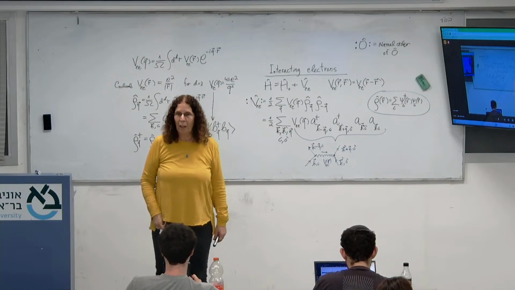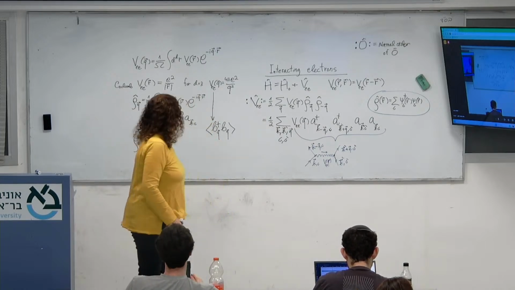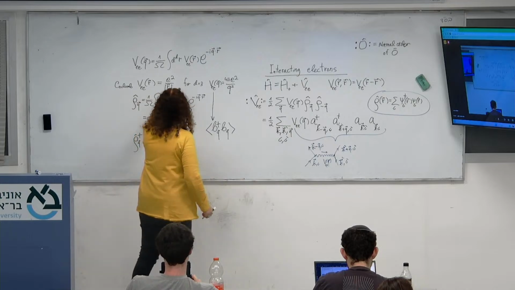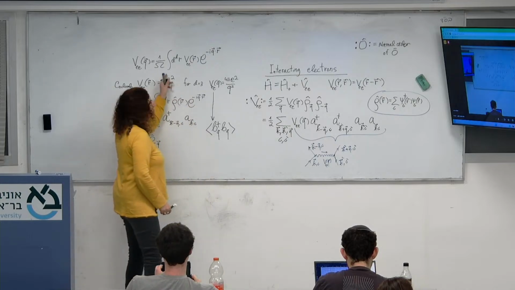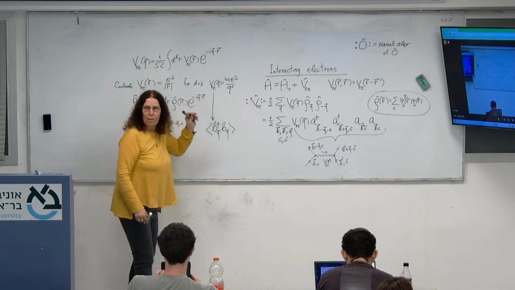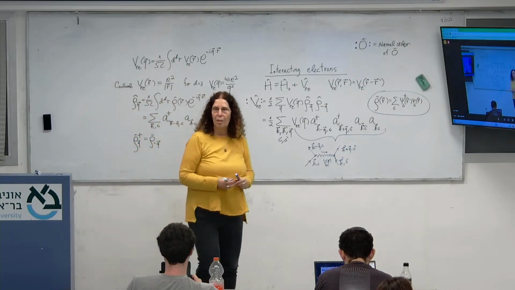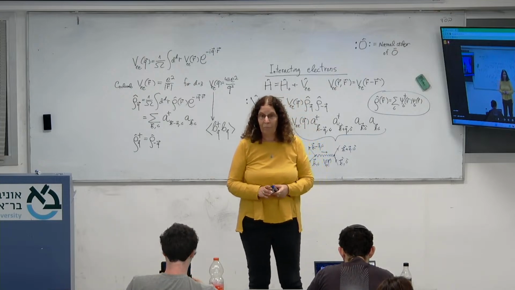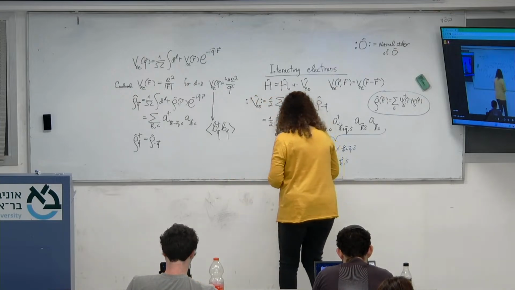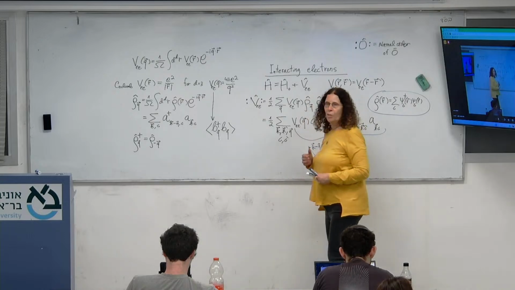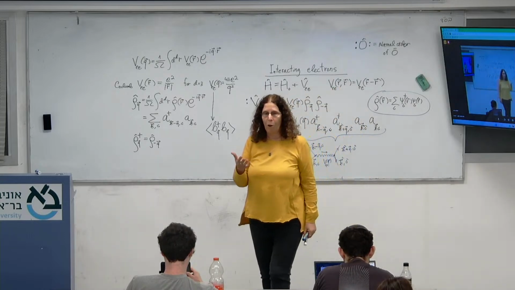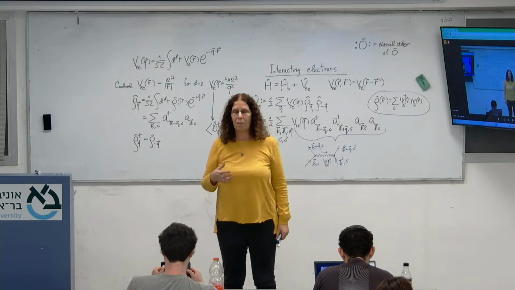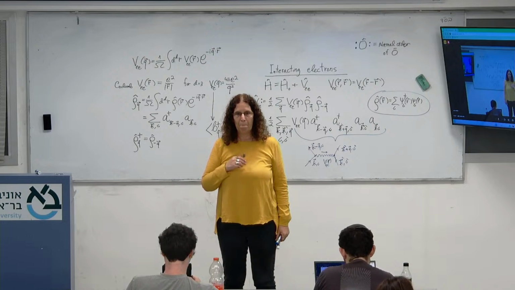Okay? If it had a mass, the Fourier transform would have an exponential decay. And we'll get to it later. Okay? So the properties of the mediator determine the space dependence of the force, and an interaction that goes like a power law is a signature of a massless particle. Okay?